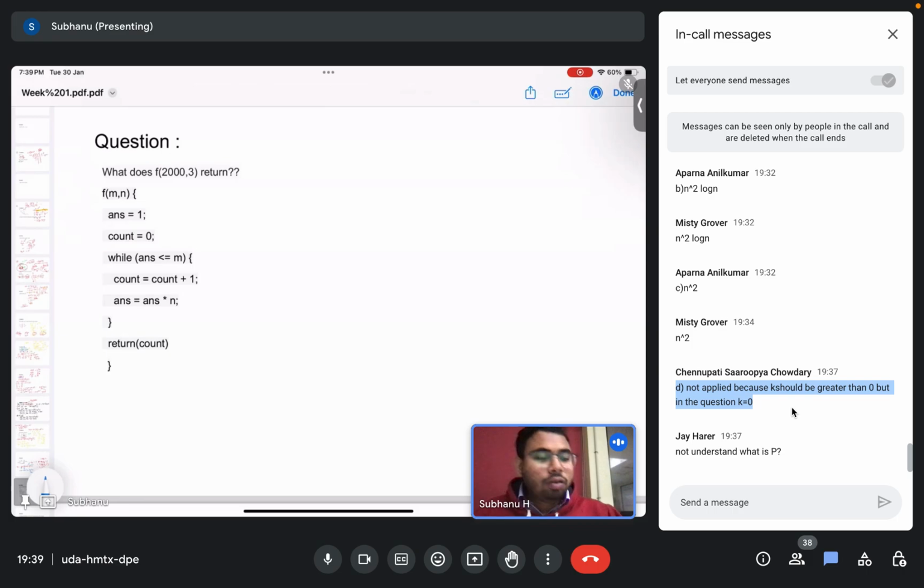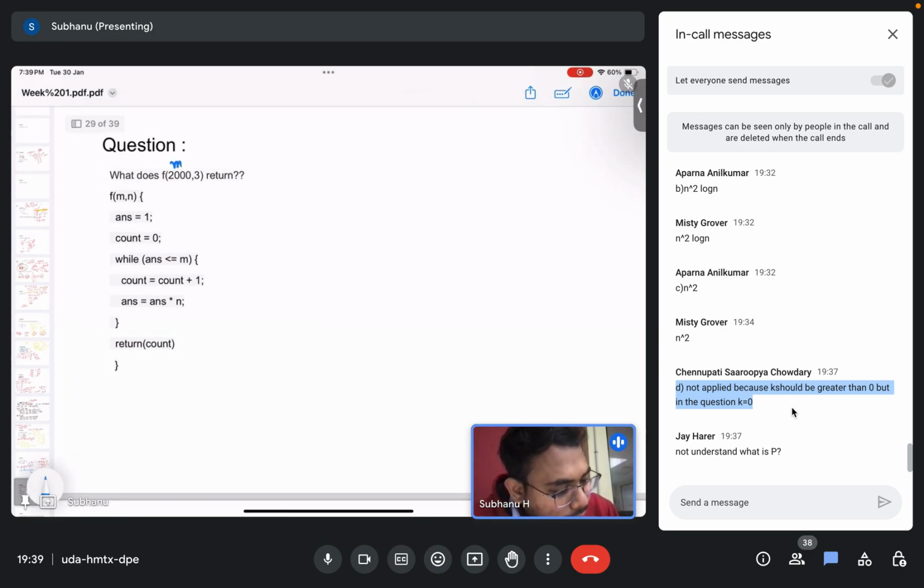What will be the value if m is 2000 and n is 13? Basically this is m and this is n, so you are starting from m equal to 2000 and n equal to 3. How will you solve the question?